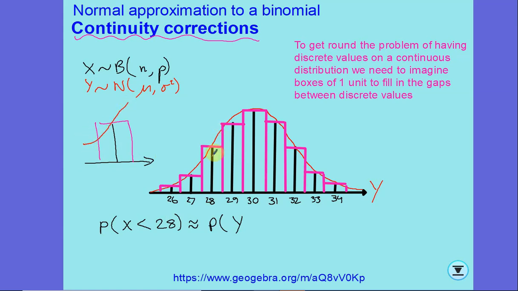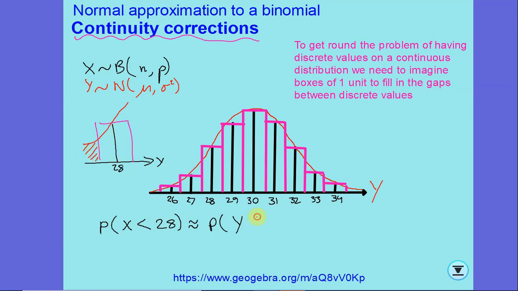We actually want everything less than 28, so just to the left of the box.